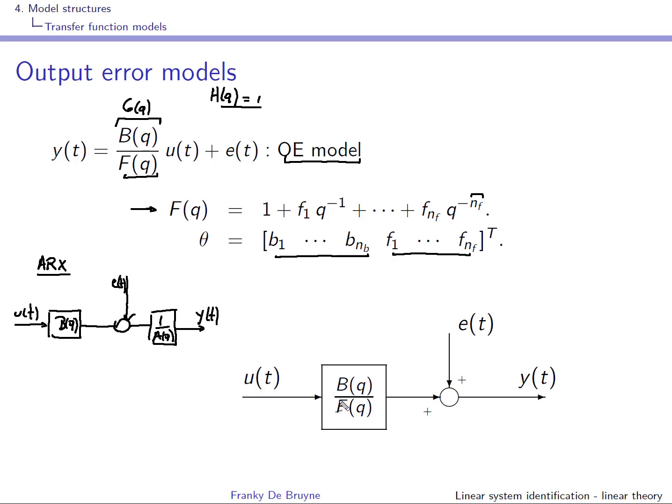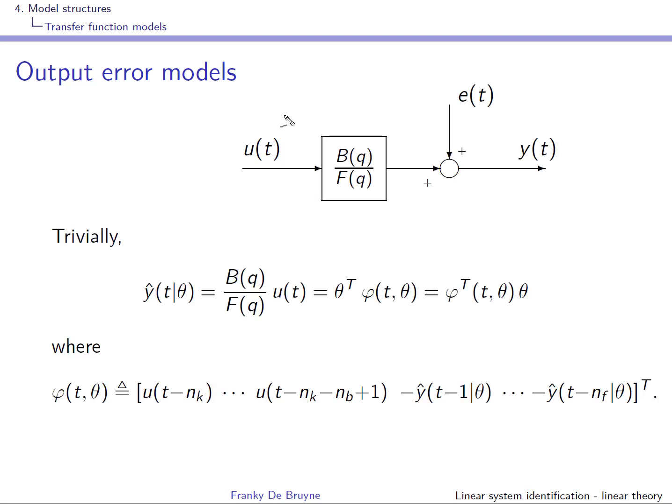Okay, so to obtain an ARX model structure, you take the 1 over F and you put it over here, and since it's now common to G and H, you would have to call it A, and then you obtain the ARX. So really the difference lies in the fact that here the autoregressive part is at the output and here it's at the input.